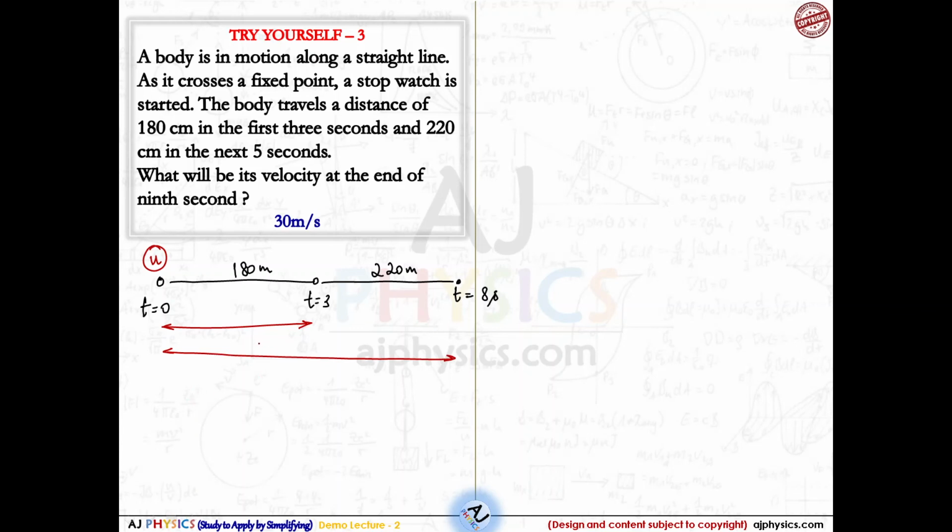Alright, let's get over with these equations now. We'll be using the second equation of motion here: S is equal to ut plus half at square, and we don't know what u and a are. So this will be equal to 3u plus half a t square. T square is 9, so this is 9 by 2 a. That's the first equation. Let's try to simplify this.